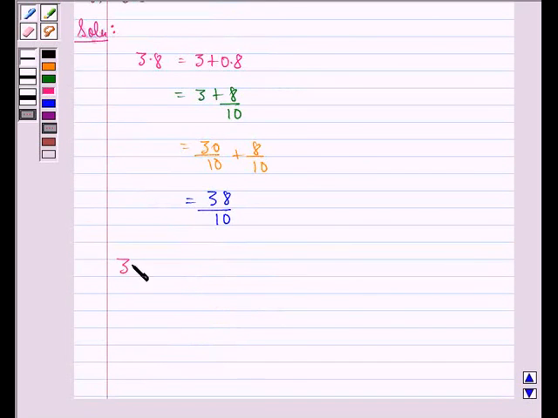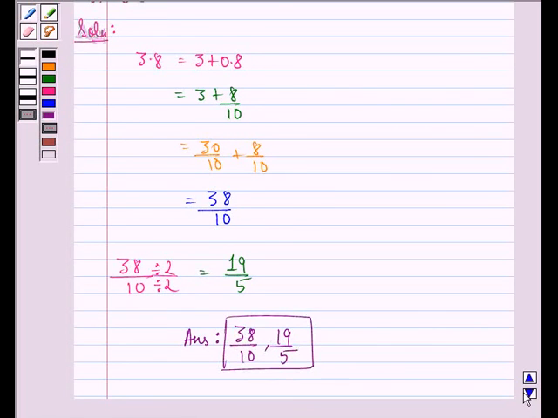Now if we divide the numerator and denominator of 38 by 10 by 2, we get 19 by 5. So our answer to this question is 3.8 in the fractional form is 38 by 10 and its lowest form is 19 by 5. So this becomes our answer to this part.